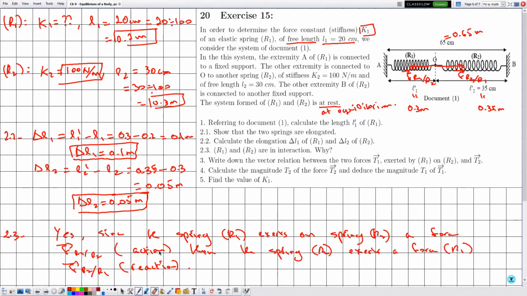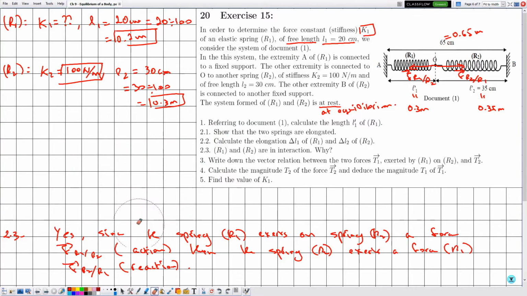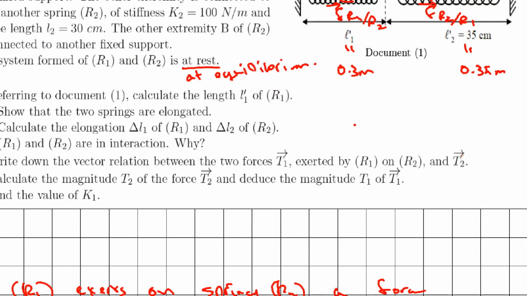Now in number 3, they are telling me to write down the vector relation between the two forces, T1 exerted by R1 on R2. Here, the force exerted by R1 on R2 is denoted to be the tension T1, and the other one is denoted the tension T2.